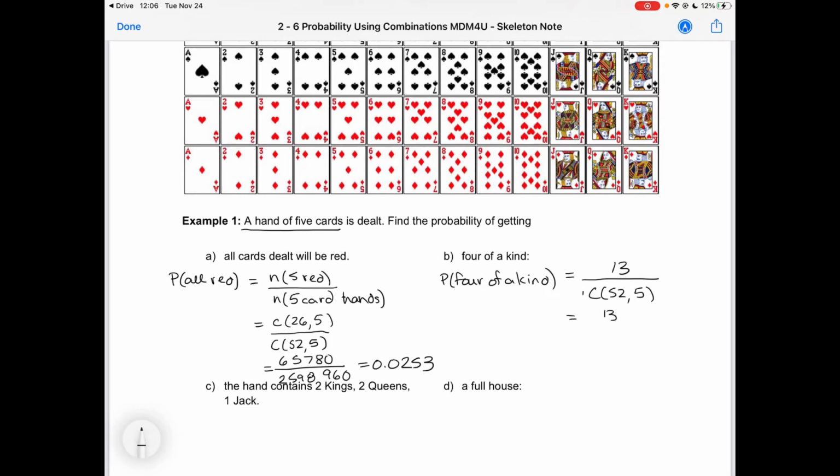So that means that we'd have 13 out of 2,598,960, which is going to give us an incredibly small percentage. So 0.0000005 chance of getting 4 of a kind.